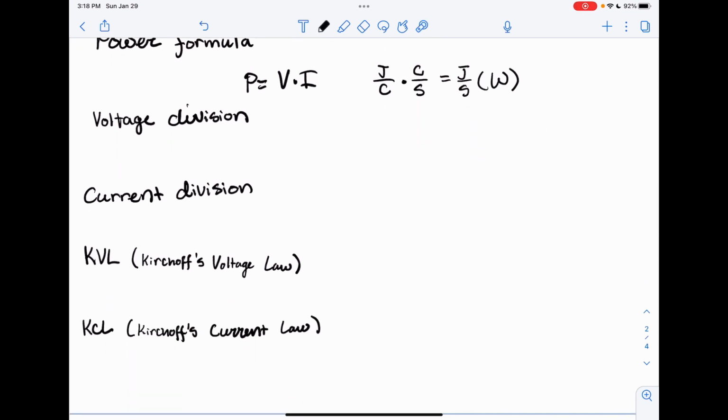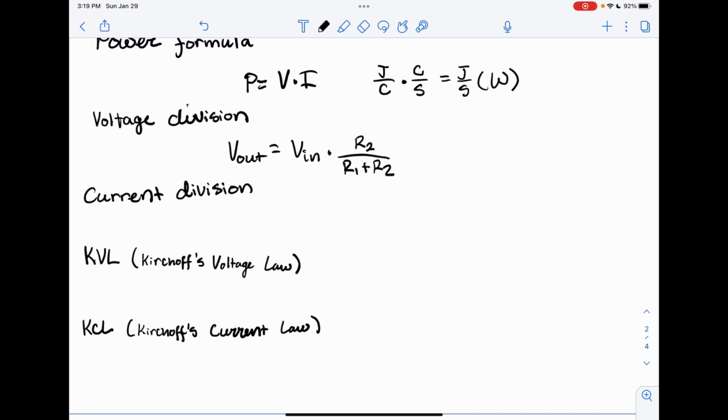Voltage division and current division. I am not going to do too much explanation with these two, but we will talk about these after we've talked about KVL and KCL in detail. We will come up with these formulas, but I'm going to go ahead and write them out here for your convenience. V out is equal to Vin times R2 over R1 plus R2.